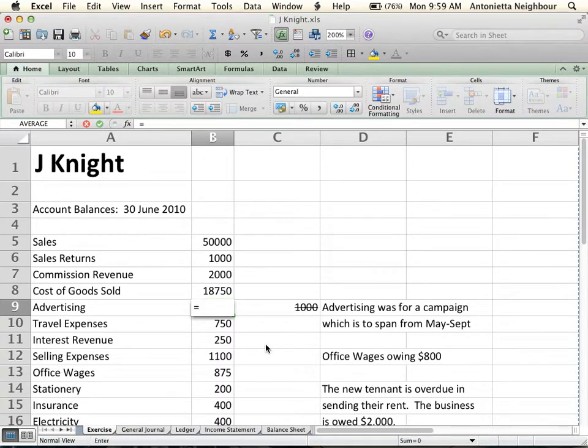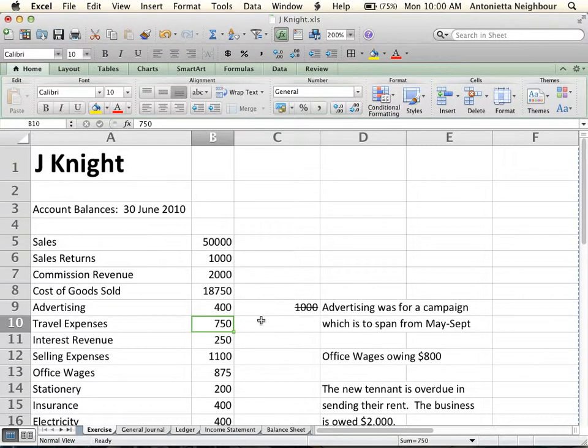That's going to equal, open my brackets, 1,000 divided by 5 to determine the monthly charge for advertising, and then times that by 2 because I want to keep 2 months worth in this current period. So that's 400, and you should be able to calculate in your head that 2 months worth of advertising is $400.